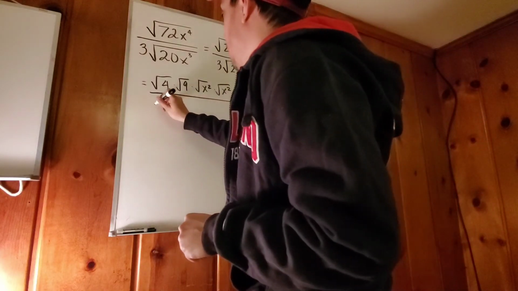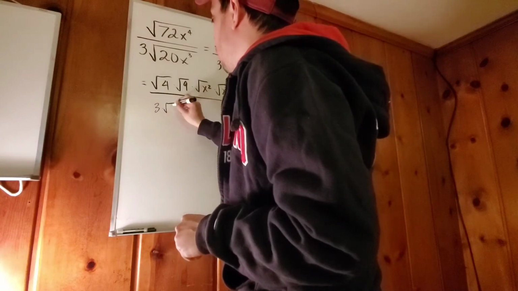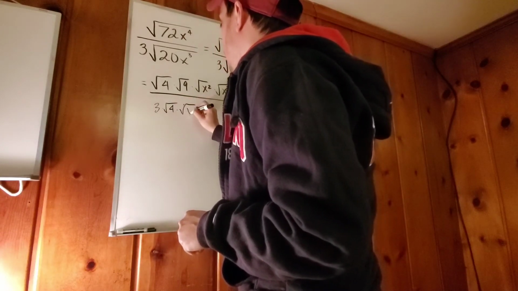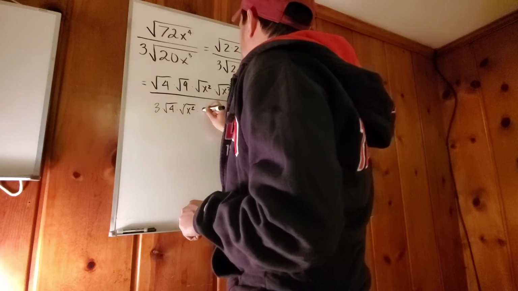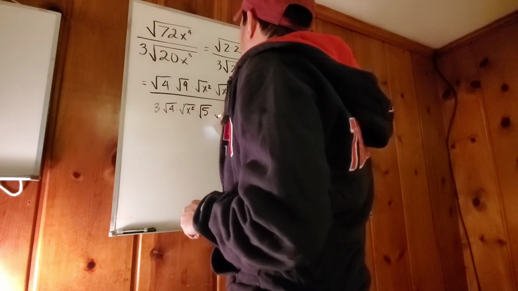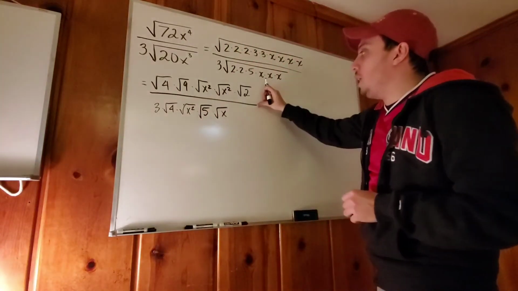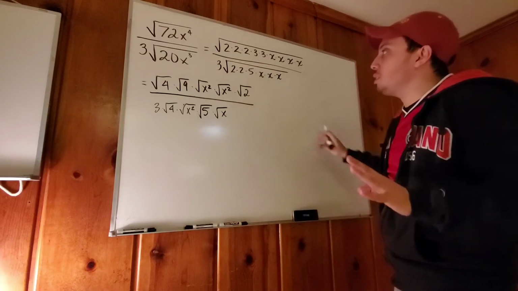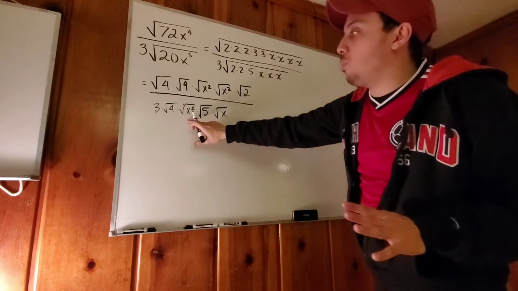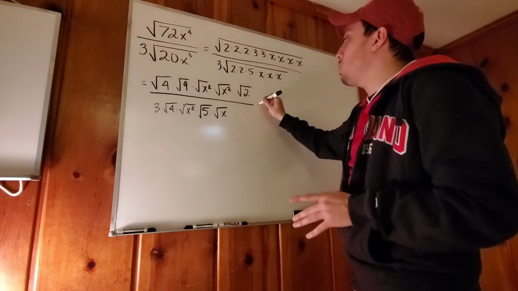So we're going to have 3 times the square root of 4 times the square root of x squared times 5, the square root of 5, times the square root of x. Yes, I believe that's it, because in here we had 3 x's, here we had 3 x's, we had 2 4s, and all of that.